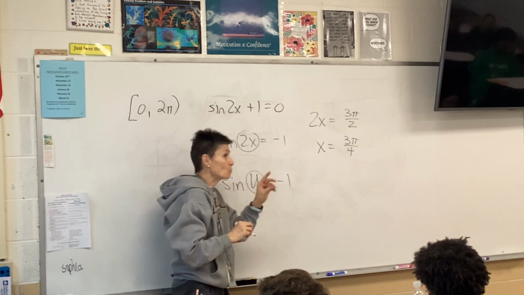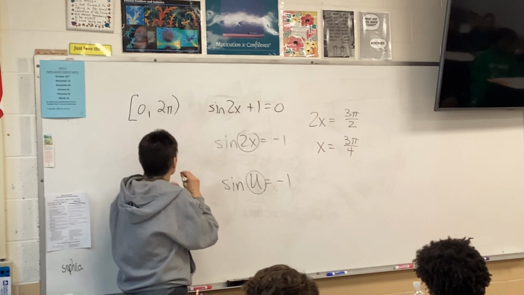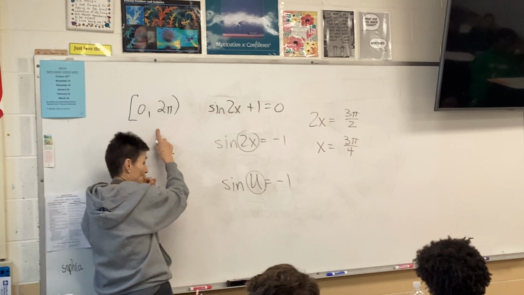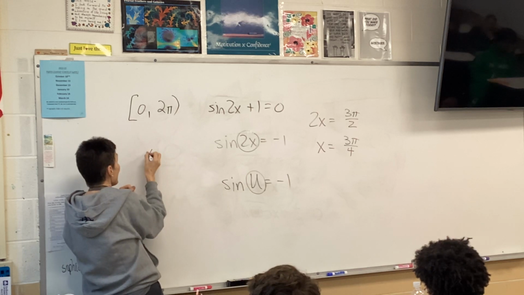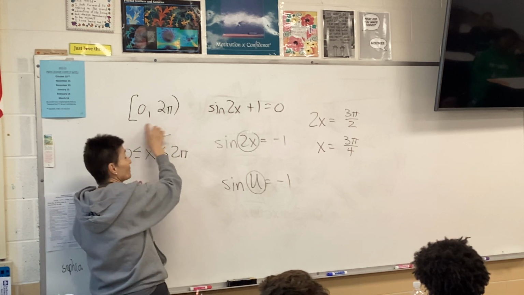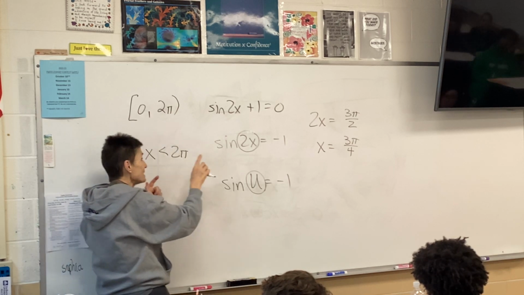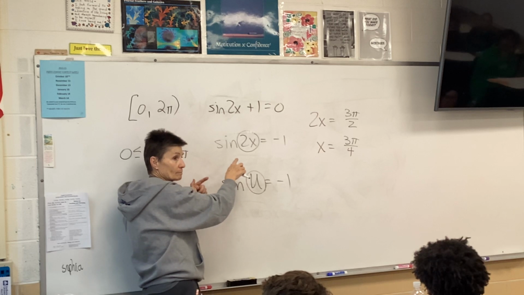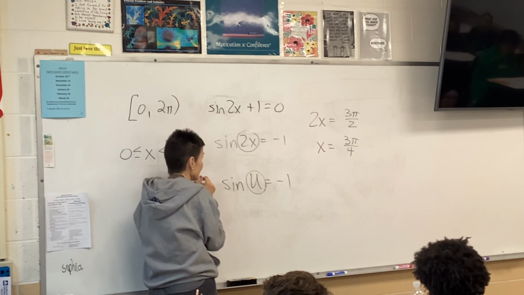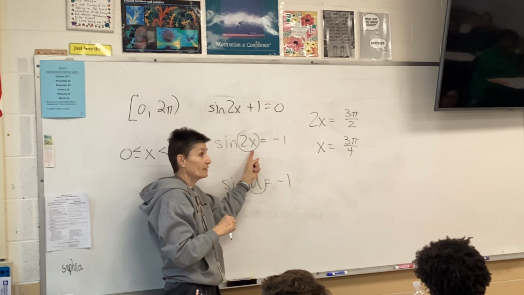Now, that's pretty easy. There's one more complication to it. Remember, these directions mean that x is between 0 and 2 pi. That's what this means. But when I did the problem, I did it not in terms of x, but in terms of 2x.